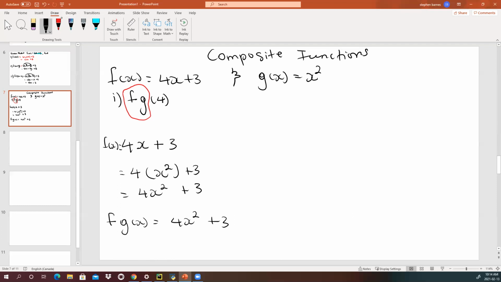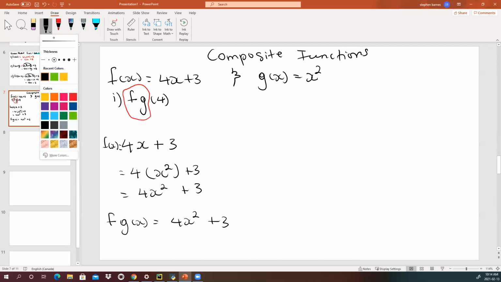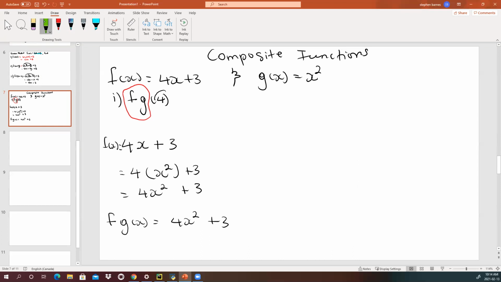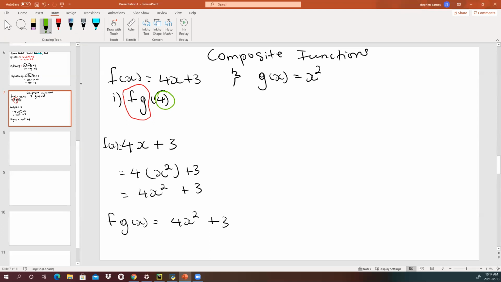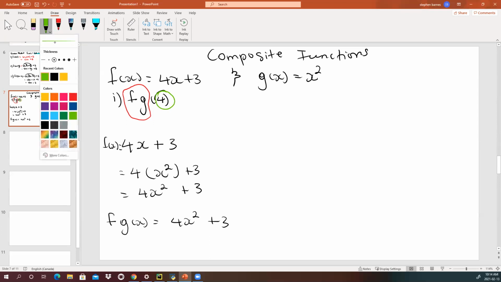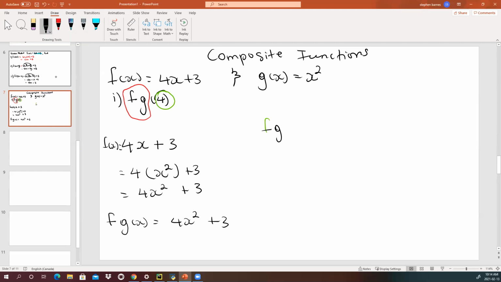The question though is asking me to find f of g of 4. So f of g of 4 is equal to, my f of g function is 4x squared plus 3.